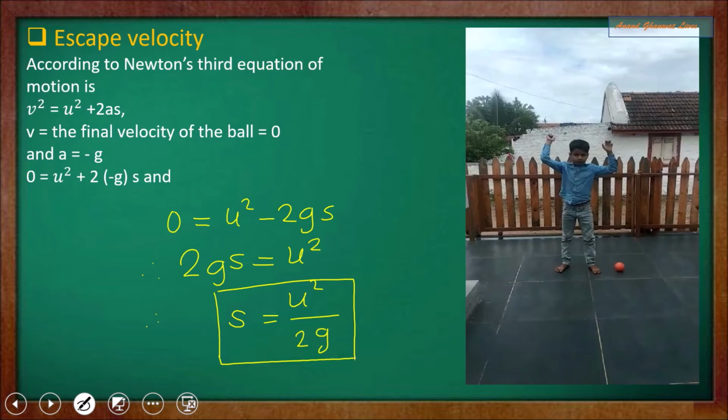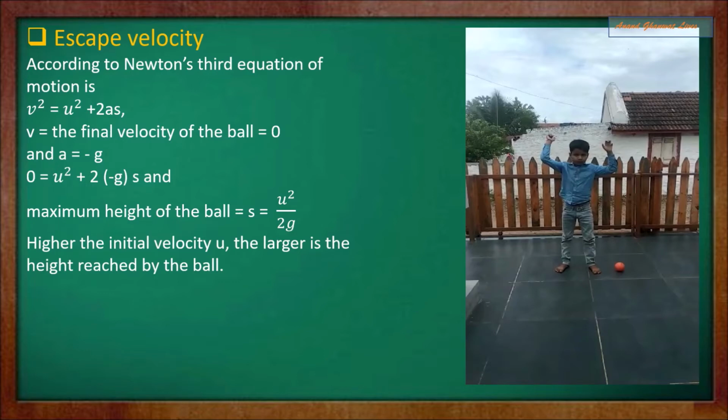Now look at this equation, s is equal to u square upon 2g. Here the value of g is constant when height is very small. Therefore 2 into g is also constant. So s directly depends upon u, which means the distance covered by the object depends upon the initial velocity of that object.